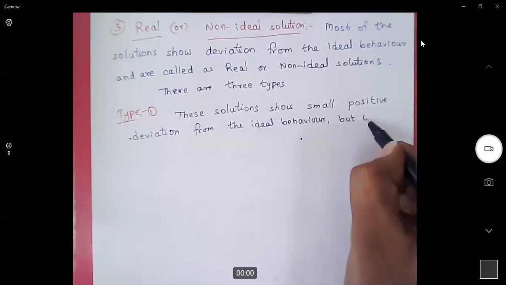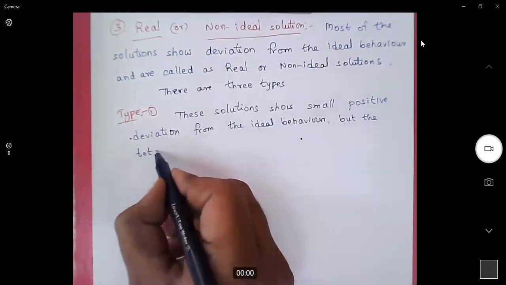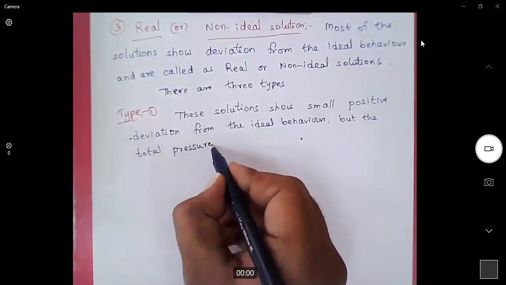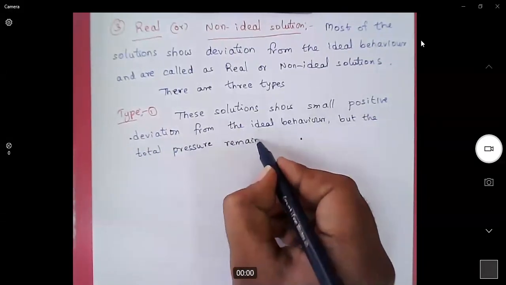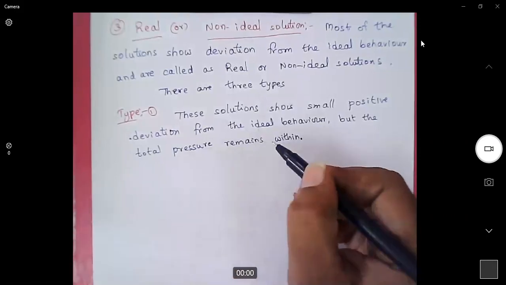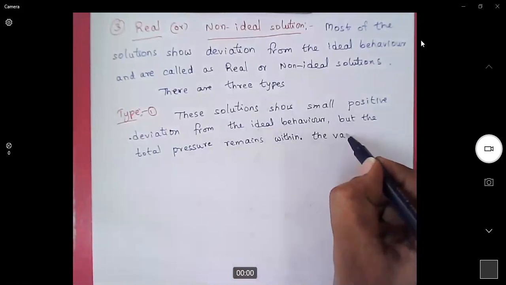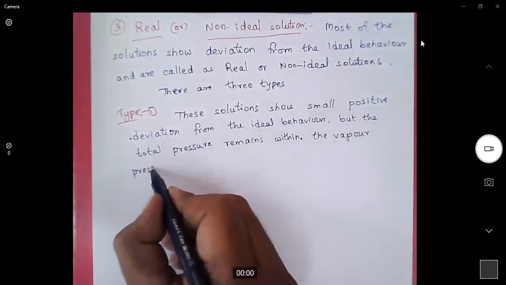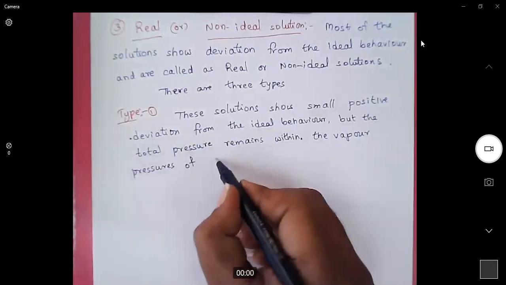But the total pressure remains within the vapor pressures of pure components.